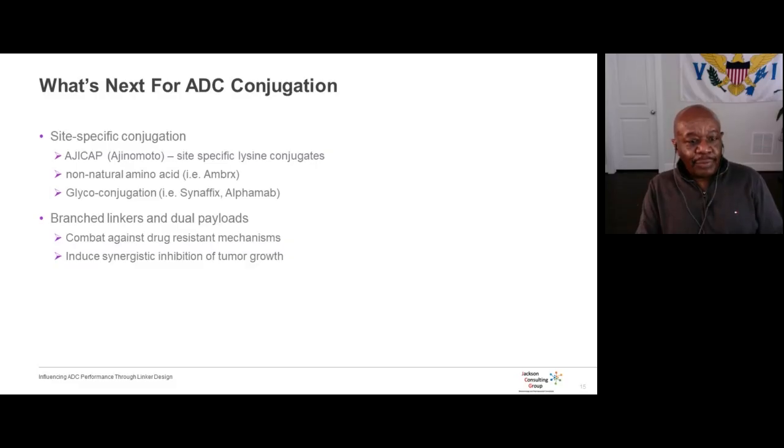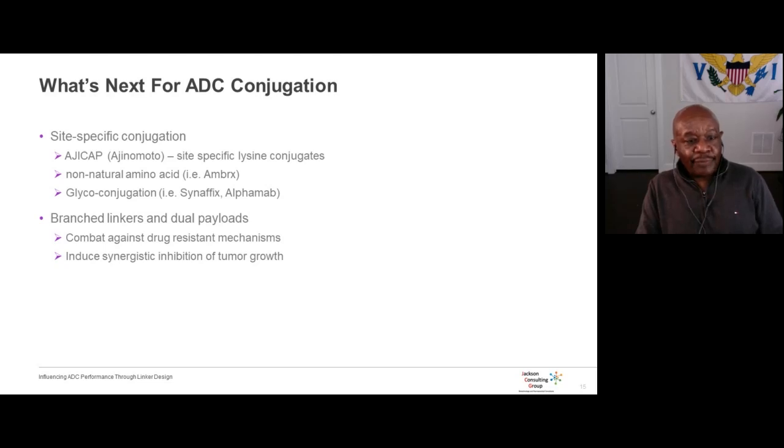We also have non-natural amino acids. I mentioned Ambrx is the leader for this technology. We also have some exciting conjugation technologies coming to the forefront from Synaffix and AlphaMab, because they're using what is called glycoconjugation. So using the carbohydrates on the antibody themselves as points of contact or conjugation for the linker payload.